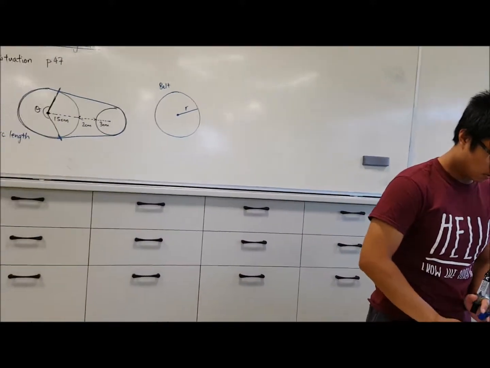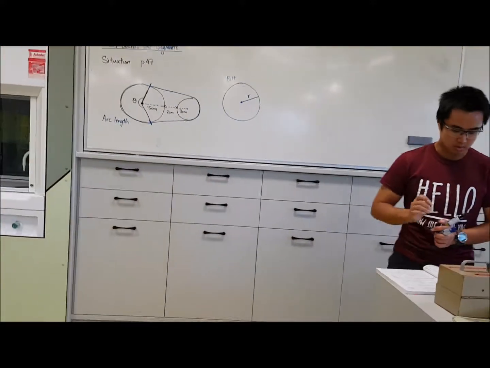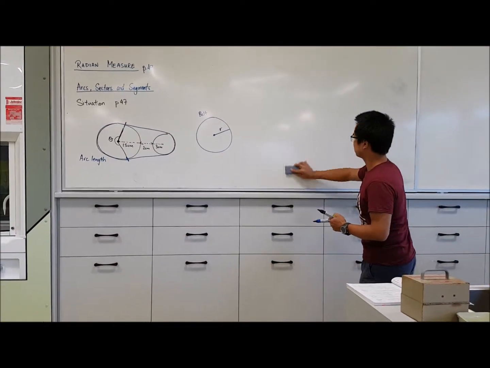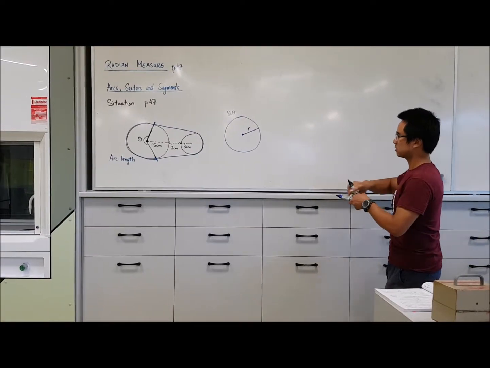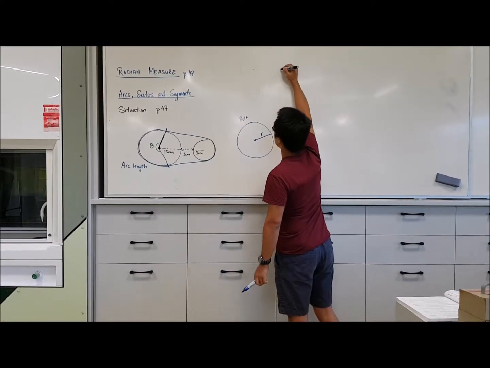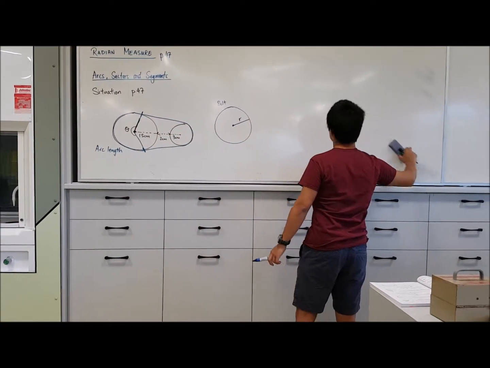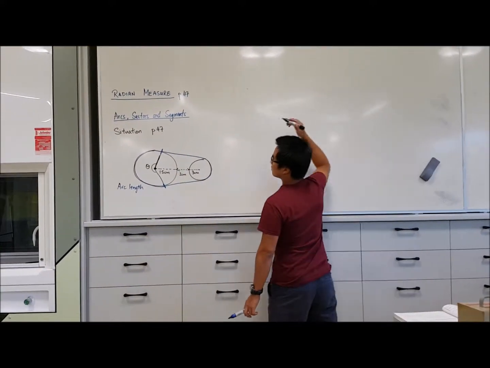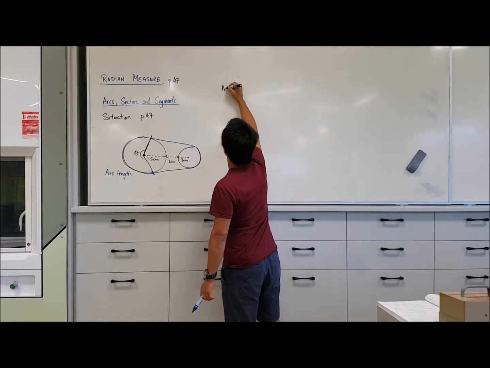Okay, on page 48, that's where the technical definitions of arcs, sectors, and segments are. So basically, 3 different things. So there are minor and major arcs, sectors, and segments. And let's see why.